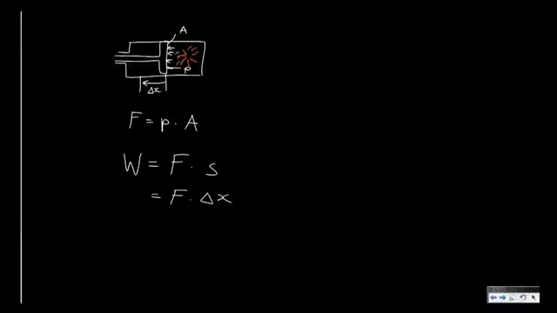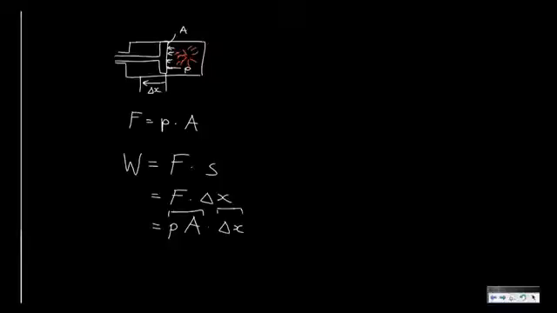Well, if we then fill in what we know about the force, that it's the pressure times the area, we get the equation pressure times area times delta x. And this part is the force, and this part is the way traveled.